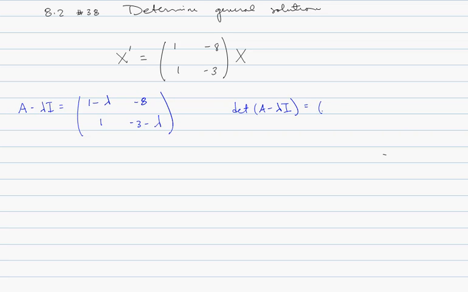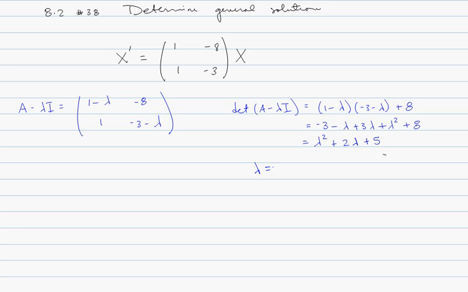is going to be 1 minus lambda times minus 3 minus lambda, minus negative 8, or plus 8. So let's see, we have minus 3 minus lambda plus 3 lambda plus lambda squared plus 8. So we have lambda squared plus 2 lambda plus 5.